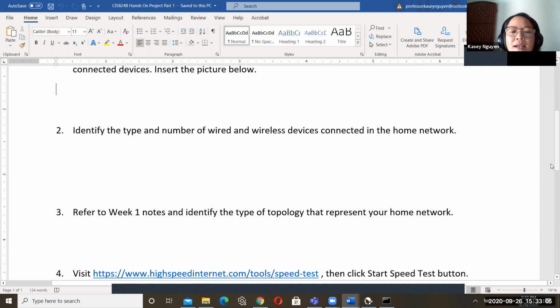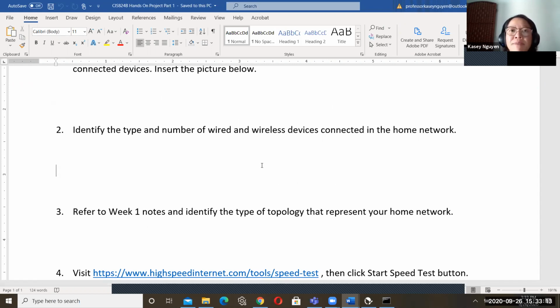Then what I want you to do is put down the type of devices that are wired or wireless. So if I have a desktop PC that's connecting by wire, I would put that down. I would put down a wireless laptop that's connecting to my router. So put down as much information as you can.